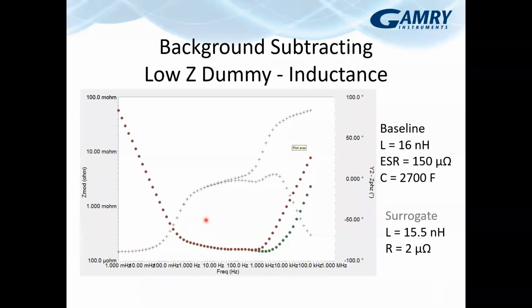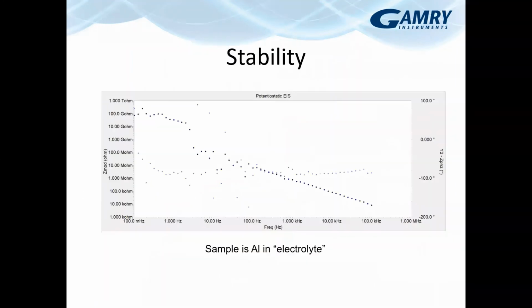That works fairly well. It can get you into trouble down here, but if you're really pushing the limits, you're just going to have to tolerate a much higher error than you would have otherwise. And so those are kind of the system effects.